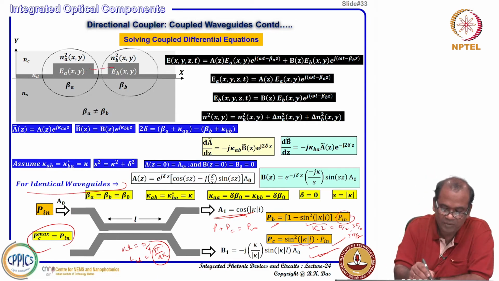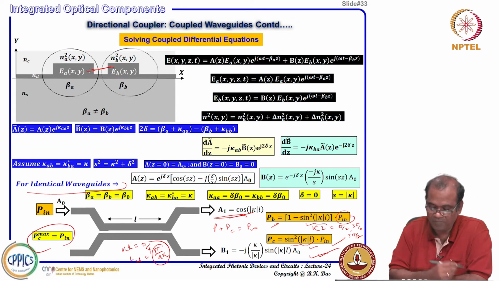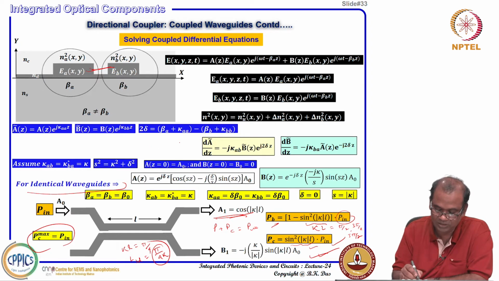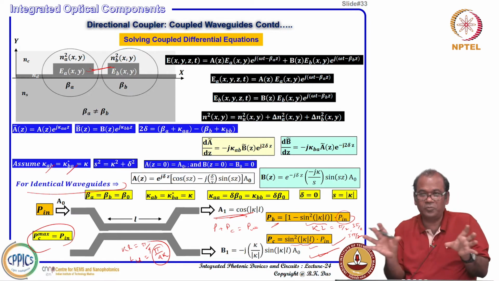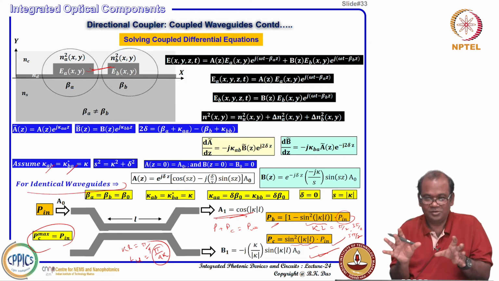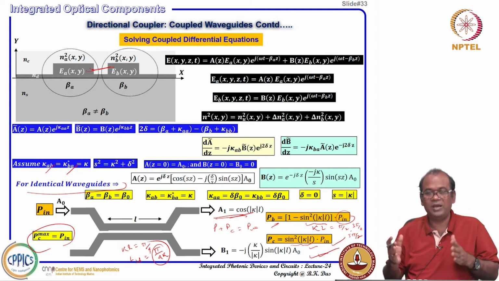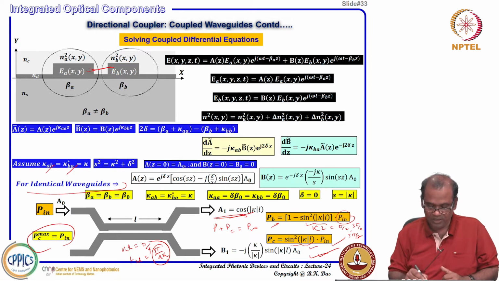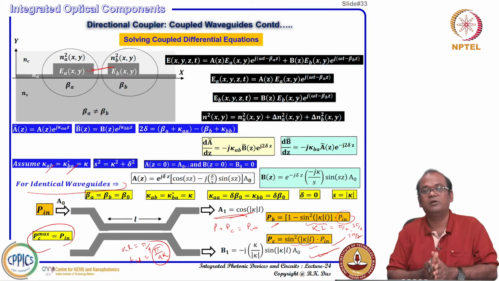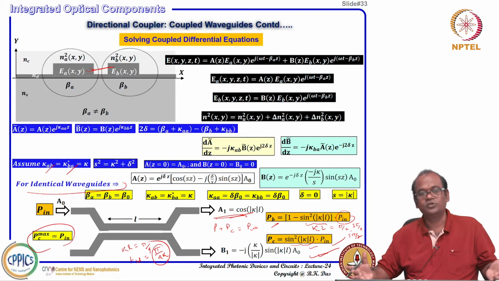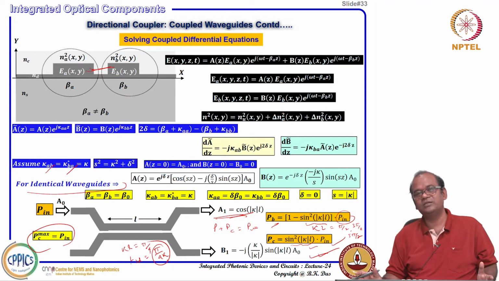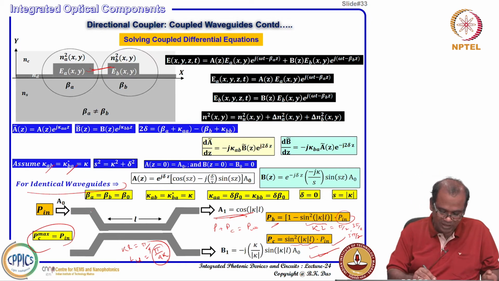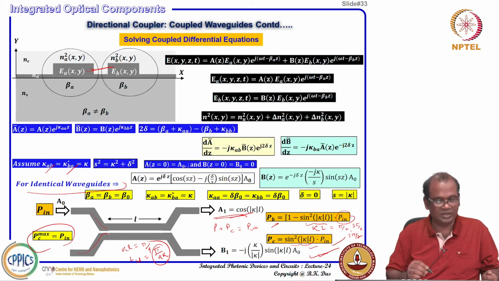This kappa value depends on the gap. The kappa expression, kappa AB or kappa BA, depends on how closely the two fields overlap. The larger the kappa value, the smaller and more compact the length of the 3 dB power splitter you can make. So you do not need a Y junction basically. Adiabatic design of a Y junction is very difficult, while adiabatic design of a directional coupler is relatively easier.